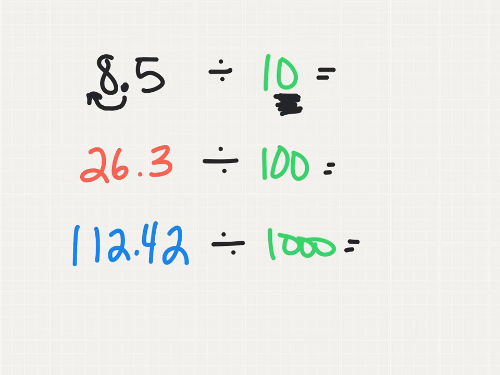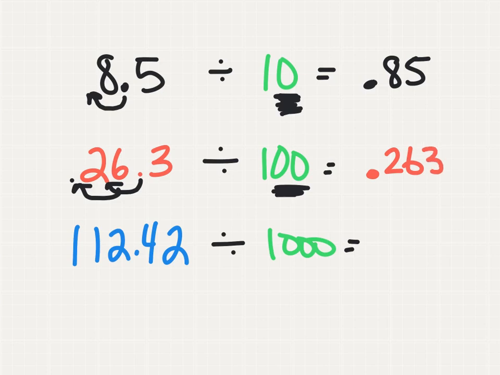So 8.5 becomes 0.85, or 85 hundredths. 26.3 divided by 100, two zeros in 100 means I need to move that decimal twice. And so 26.3 becomes 263 thousandths.